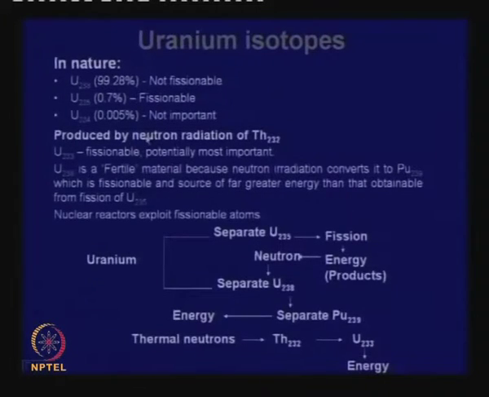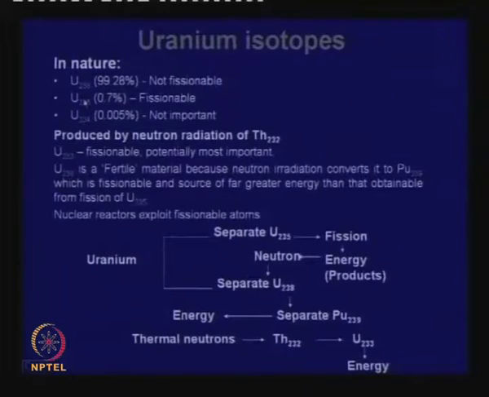I went into a good bit of discussion on how we get nuclear energy. The vital element is uranium. Without uranium, we cannot have a nuclear energy program. Uranium has 3 isotopes, of which only U-235 is fissionable.